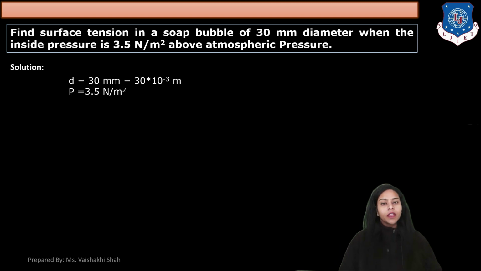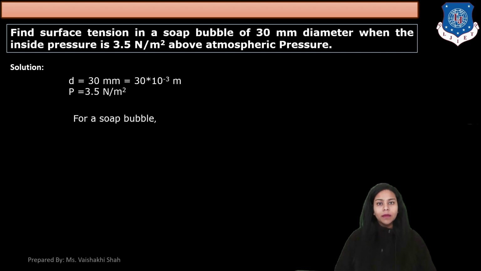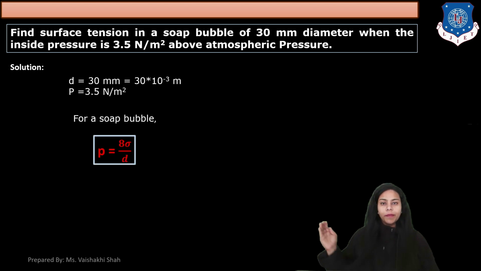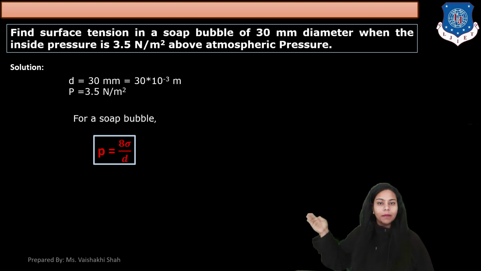First of all, the diameter given to you is 30 mm. Now convert mm into meter, so it is 30 into 10 raised to minus 3 meter, and the pressure P is 3.5 Newton per meter square. Now for a soap bubble, we know the equation P equals 8 sigma by D.